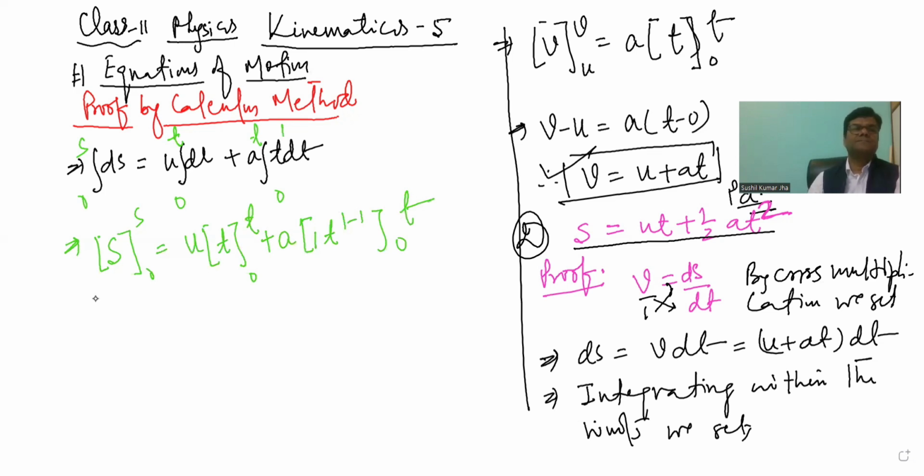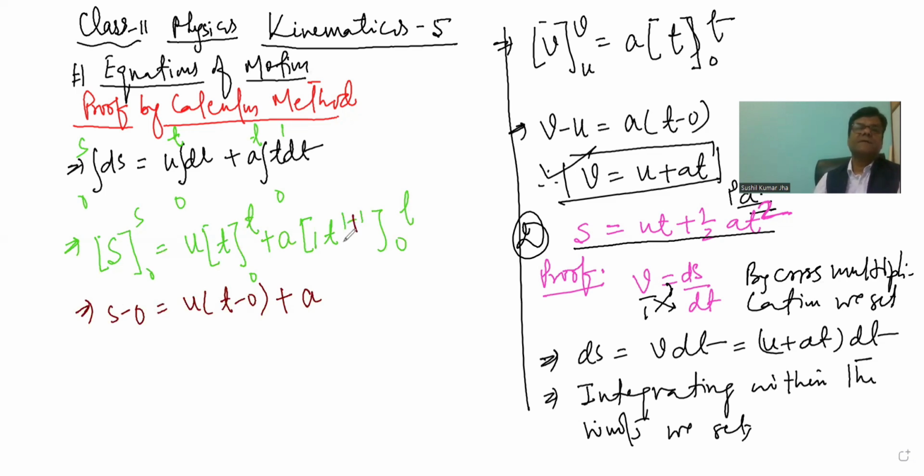So this will be s minus naught is ut minus 0 plus a. Sorry, some correction. It is integration, no?